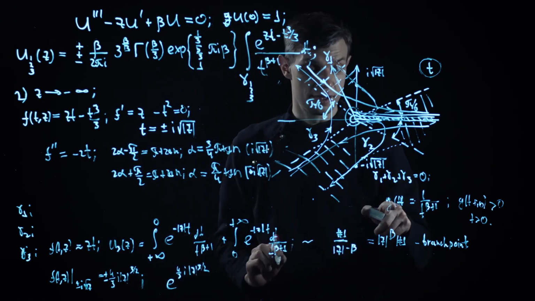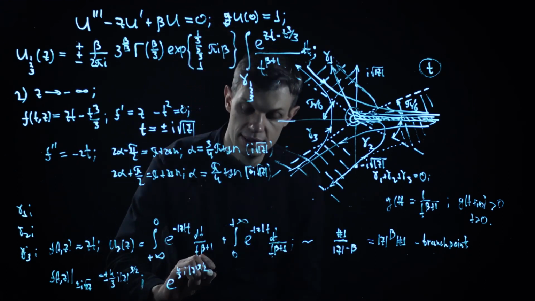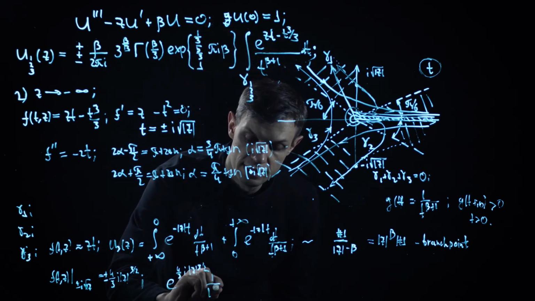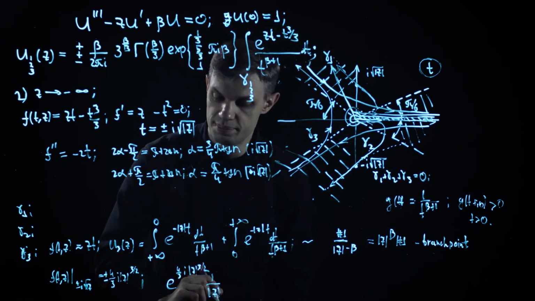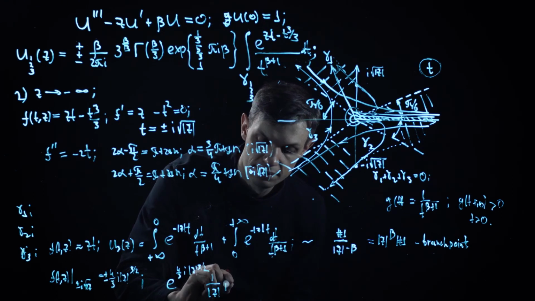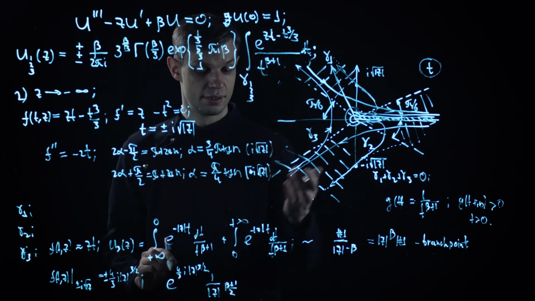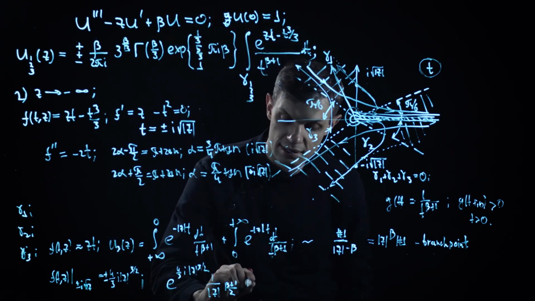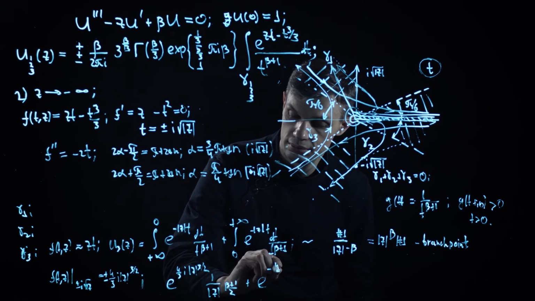And the value of the g of t function at the saddle will be simply 1 over square root of beta, the square root of z times beta plus 1. So it's from the upper saddle and an identical contribution from the lower saddle.